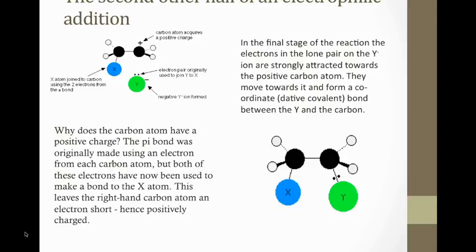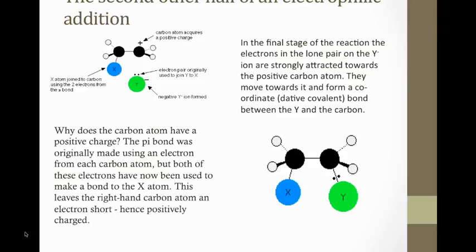Why does that carbon atom have a positive charge? The pi bond was originally made using an electron from each carbon atom. But both of those electrons were used to make a bond with the positive end of that electrophile-nucleophile combination. So that leaves the right-handed carbon atom positive. It's called a carbocation.